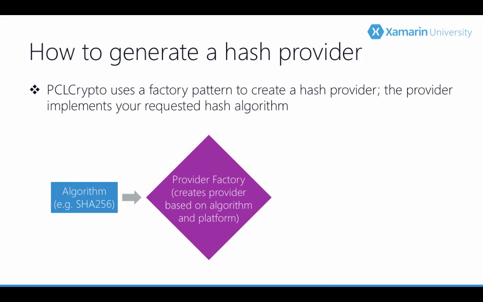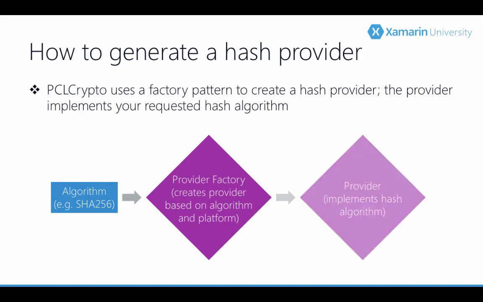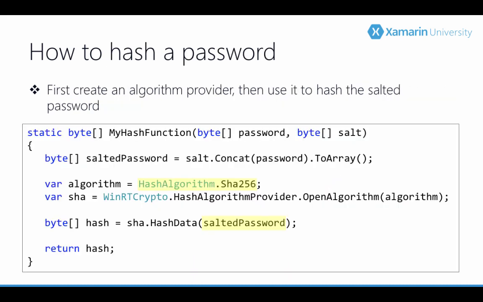The creation of the object that implements the algorithm is hidden behind a factory method, and the provider is the thing that implements the hash algorithm that you want to use. The factory pattern allows us to code against a consistent API for all platforms. Let's take a look at some code.